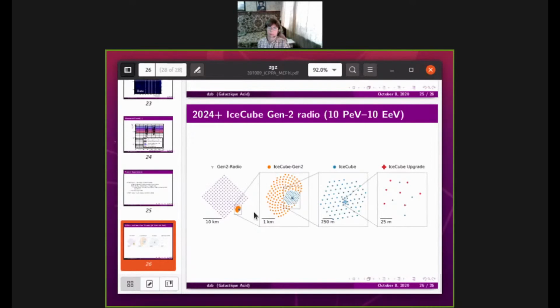And in addition, there is a very large scale radio array which is proposed. This is Gen 2 radio. This will be about a $50 to $60 million, maybe a $50 million endeavor. It is massive. It will include 800 ice holes drilled in the ice over a footprint of about 500 square kilometers. So the plan for Gen 2 radio is that it will be large enough so that by almost all models, it should be able to detect something like 10 cosmogenic neutrinos plus.